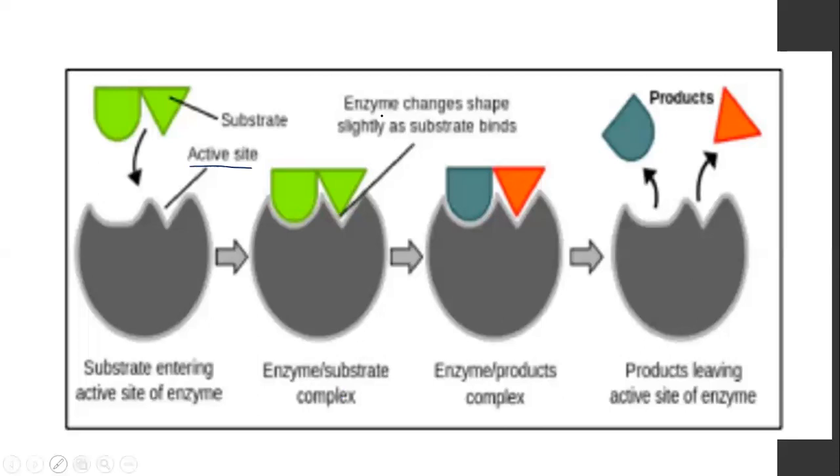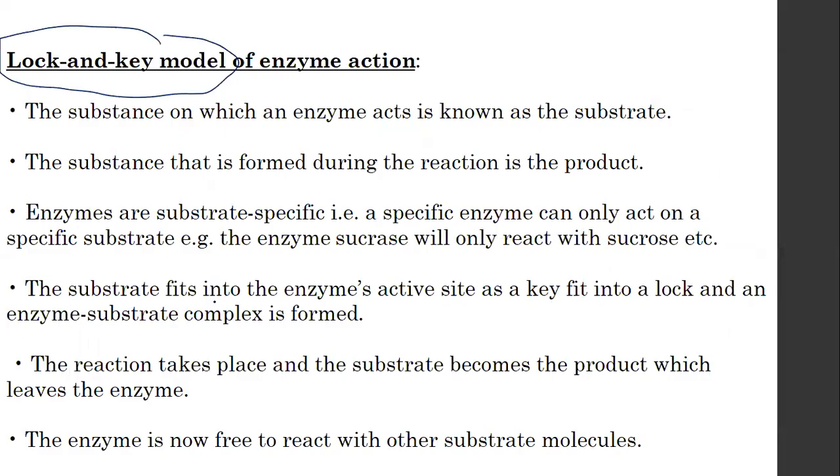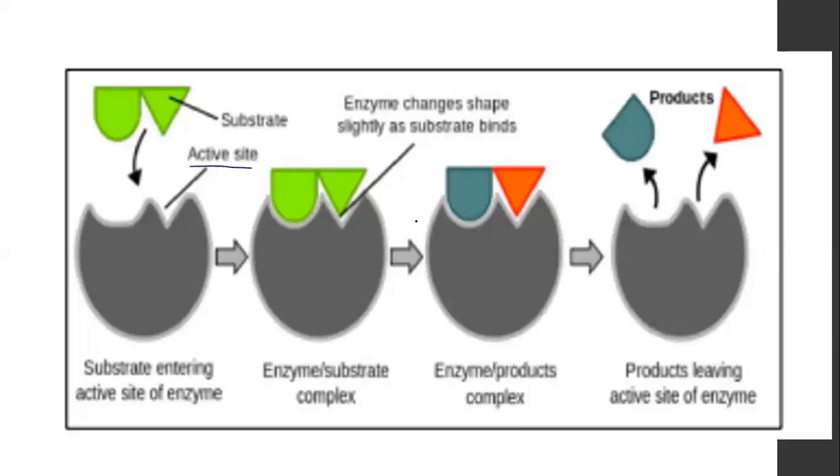Now the reaction takes place and the substrate becomes the product, which leaves the enzyme. And from here we can tell that the enzyme changes shape slightly as the substrate binds.